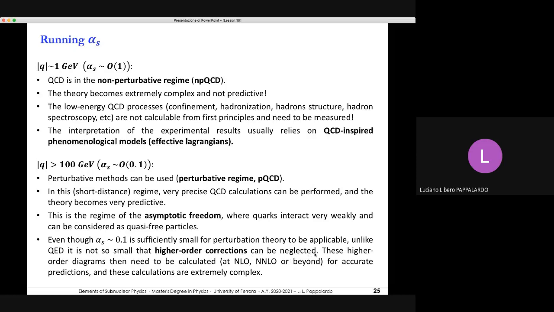These higher order diagrams need to be calculated at next-to-leading order, or next-to-next, or next-to-next-to-next, etc., in order to obtain accurate predictions, and the calculation becomes extremely complex. Much more complex than in QED, where you can essentially stop your power expansion already at the first orders.